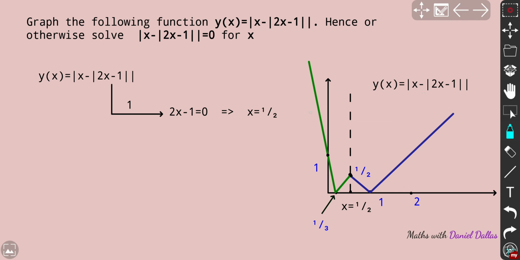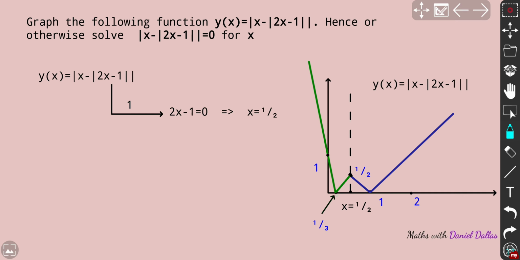It looks like two V shapes with different slopes, like the blue one and the green one, and they behave differently. Okay, so now we fix 1 over 3 and 1 as the vertex points of those graphs. That will allow us to solve the equation. So to answer the second part, the absolute value of x minus the absolute value of 2x minus 1, in absolute value, equals 0.